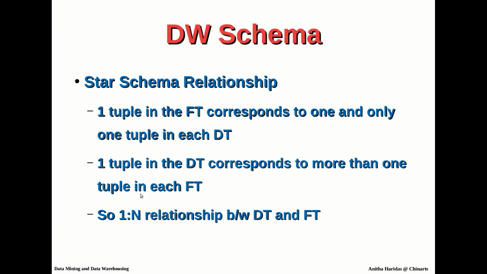So that is what it says. One tuple in the dimension table corresponds to more than one tuple in the fact table. So the relationship between dimension table and fact table will be one to many.